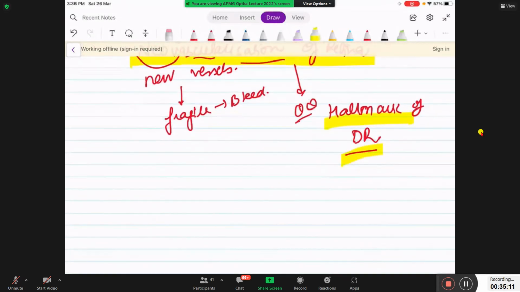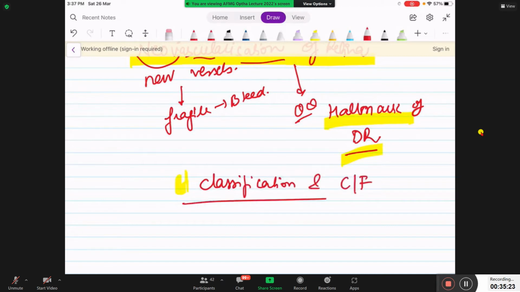Right. Now next is the classification and clinical features of diabetic retinopathy. DR is diabetic retinopathy. One classification which is commonly used and important is the ETDRS classification.